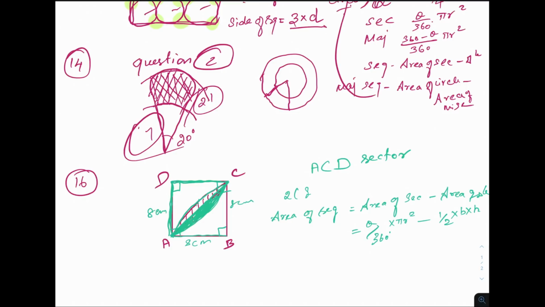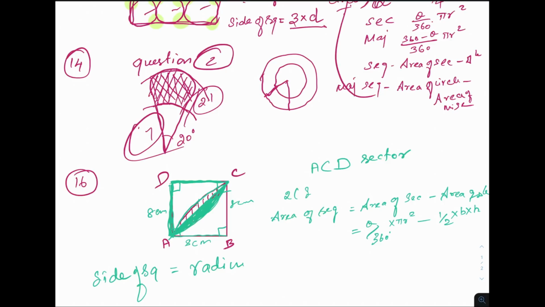But what will be the radius? That we need to find. Why? Because here we have half into base into height. So here the radius is 8 centimeter. That is, the side of the square acts as the radius.